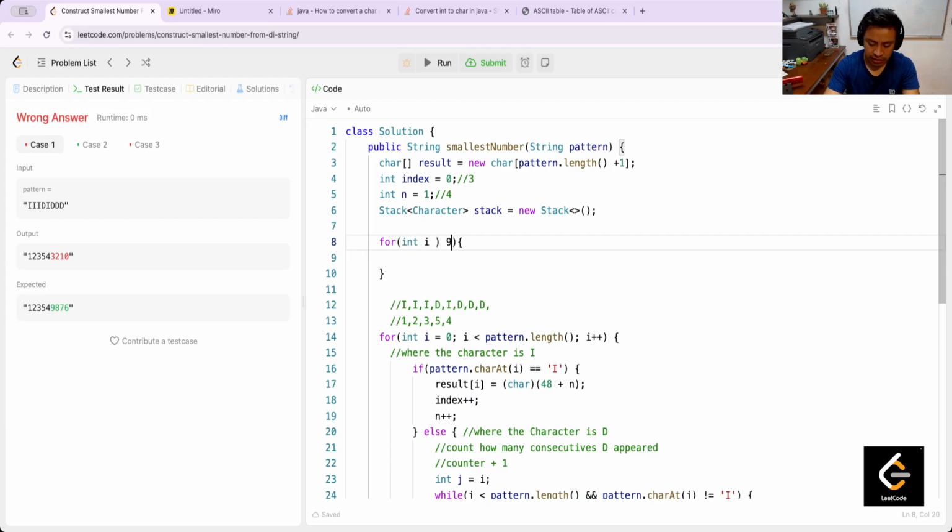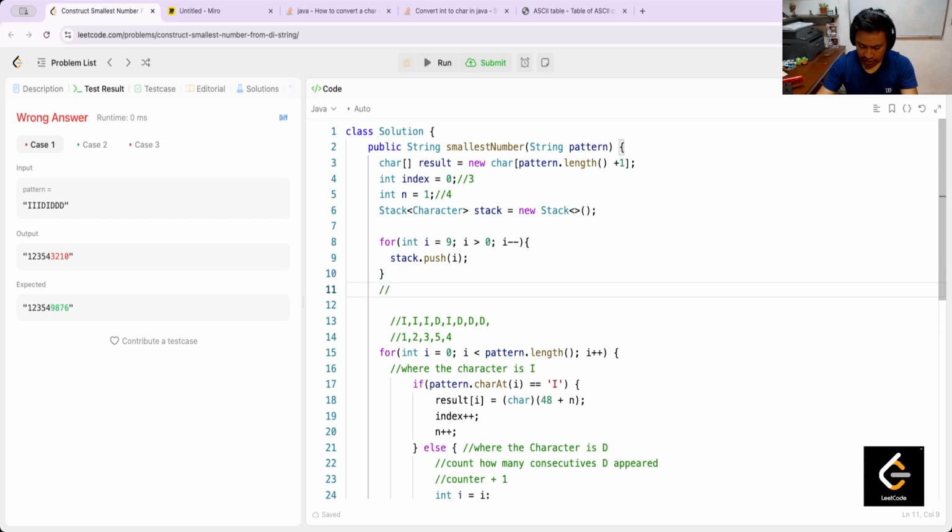Integer I, it's time equal I greater than 0. I less, and here is stack push. Okay, in this case I have 9.